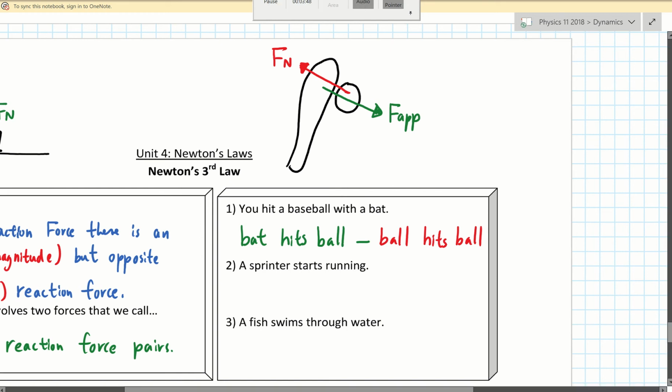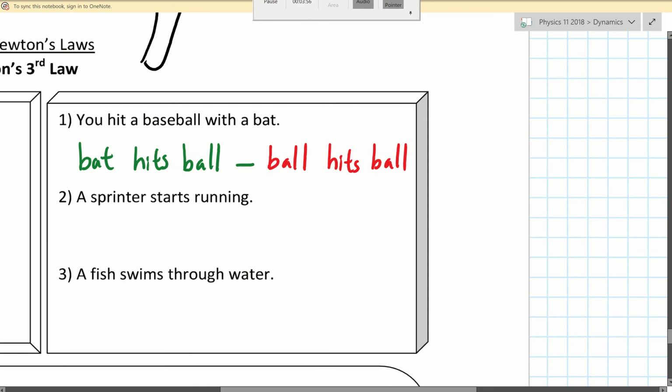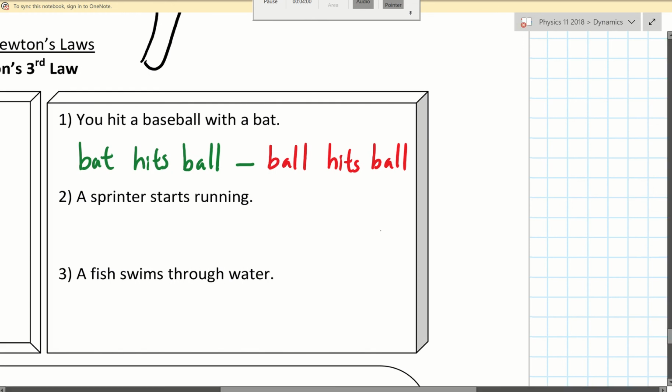Another example you can look at is when you start running. The reason why people can actually walk or run, when you think about what happens, is this. Let's say you have a person who is going to attempt to run forward.